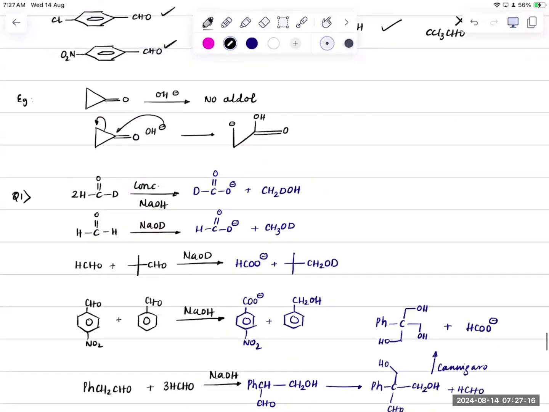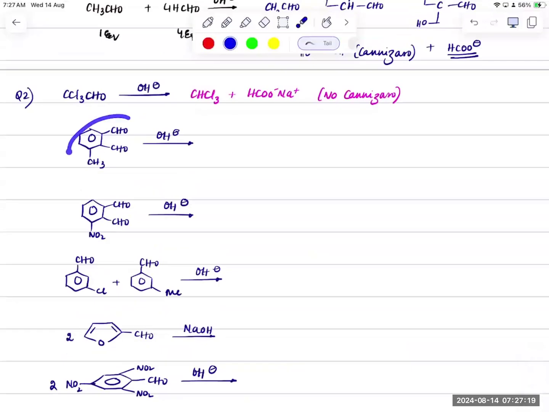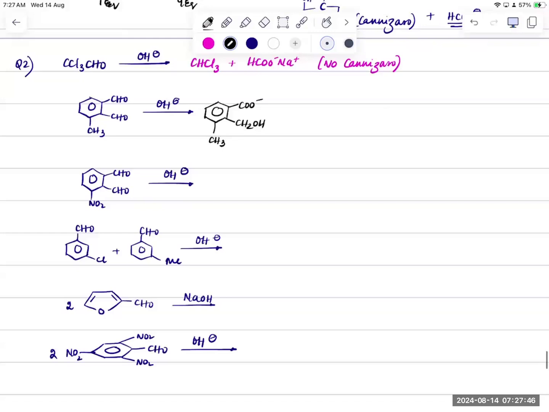Second one. Between the positions here, if at all you identify the position, between this one and this one, methyl is going to give more donating nature to this CHO. So this CHO is less reactive and this CHO is more reactive. And whichever is more reactive will become acid. So we will see this as CO minus and this will become CH2OH. So this is intramolecular Cannizzaro. Same way here if you notice, this will become alcohol and this will become acid because now NO2 is withdrawing.